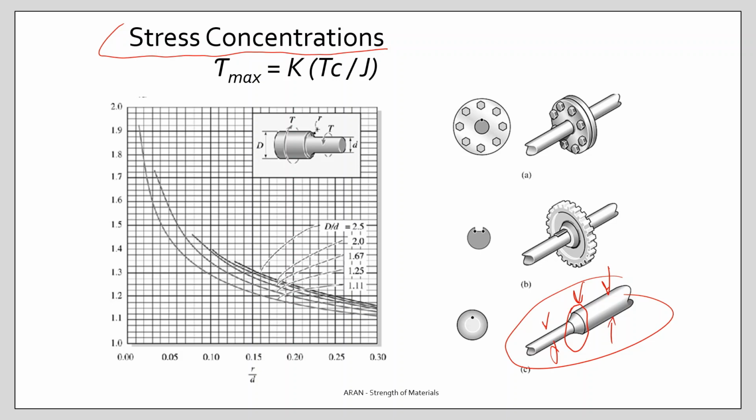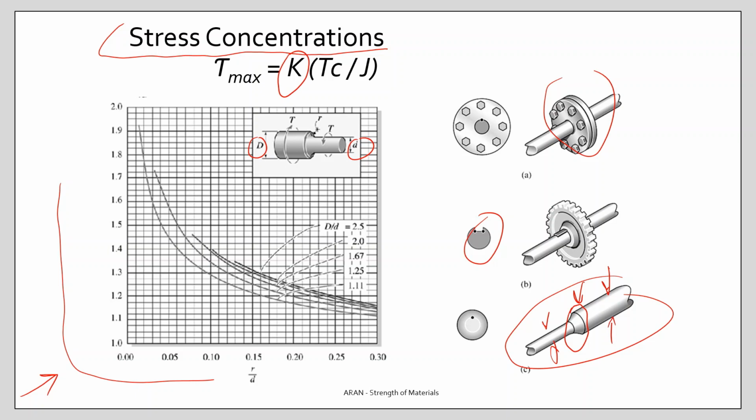Similar effects occur for clutches or for keys, and for all these geometrical changes, there will be a stress concentration graph. This graph is an example for dimensional changes, and with the help of this graph, you can calculate a stress concentration factor K.